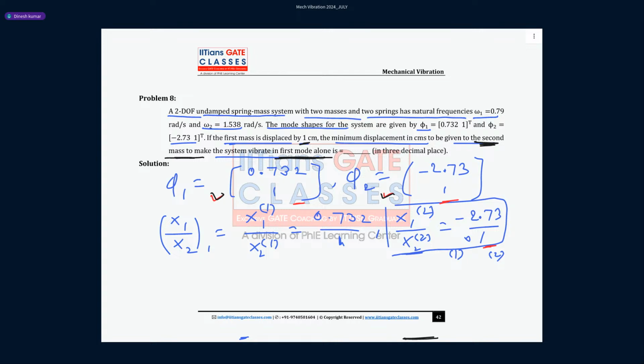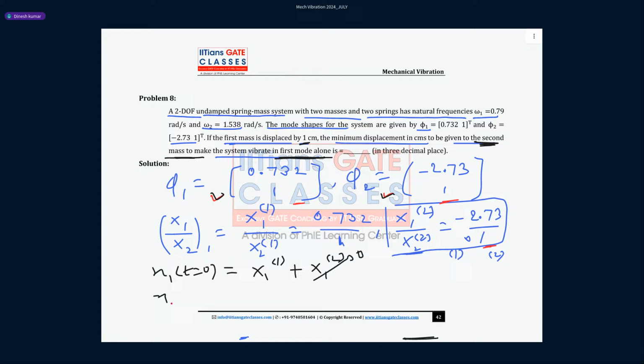Now guys, in the given question, they told your system is vibrating only in first mode. So what it means, if you write x1 at t equal to 0, it is x1 for first mode plus x1 for second mode. Since the system vibrates only in first mode, this is equal to 0.